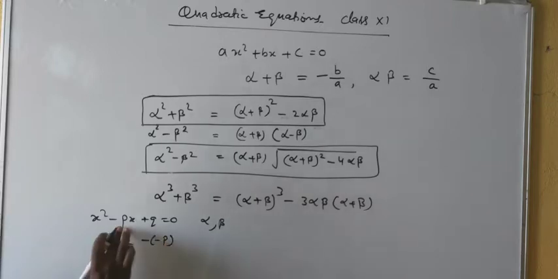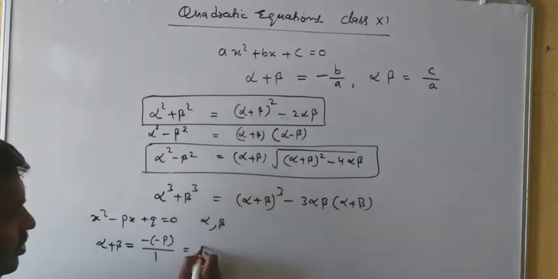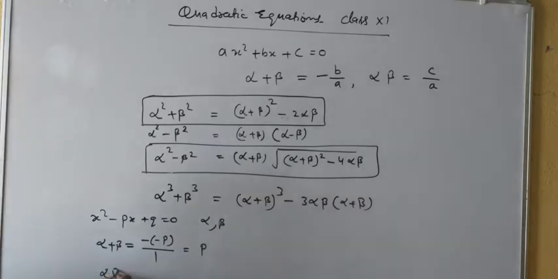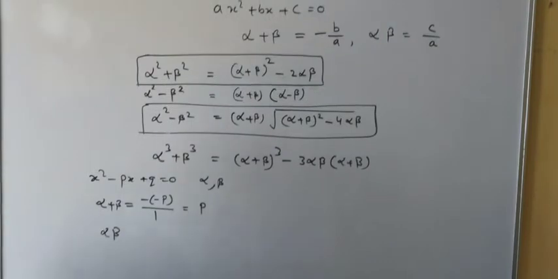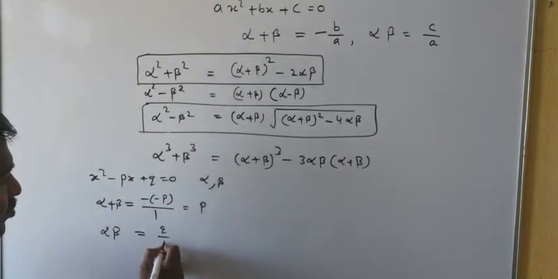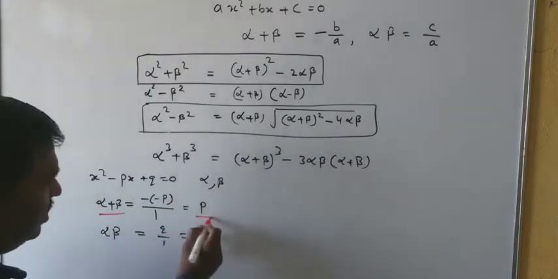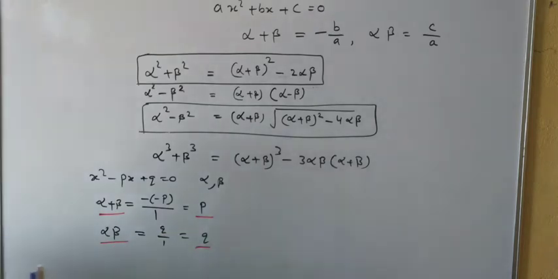Minus b means coefficient of x, and a is 1, so it is p. And what is alpha into beta? Alpha into beta will give you c by a, means q by 1, that is q. So alpha plus beta and alpha into beta are known now.